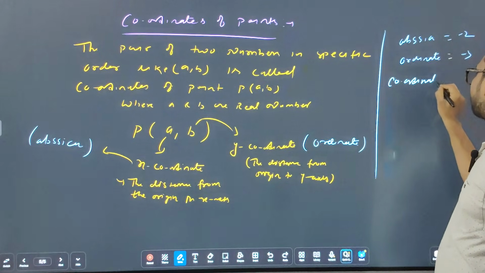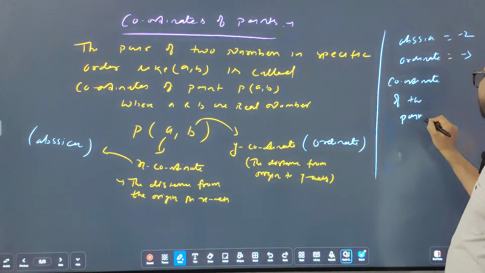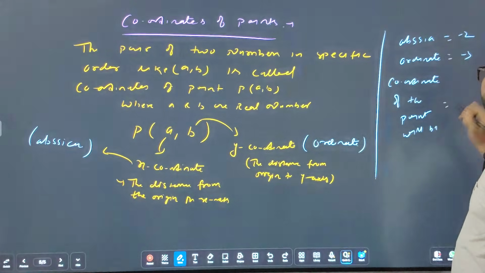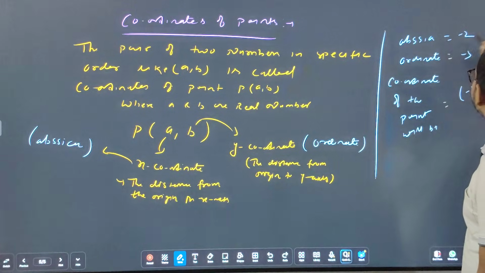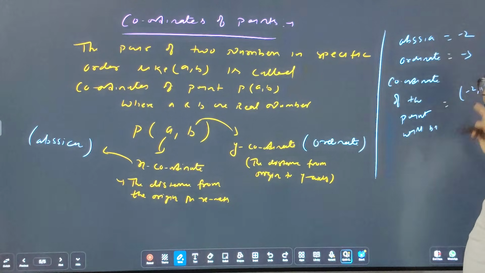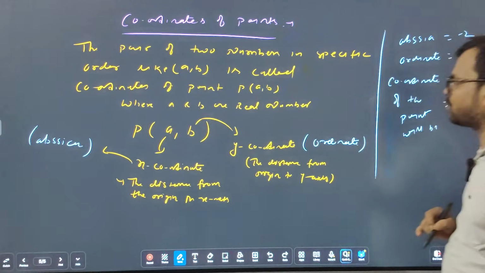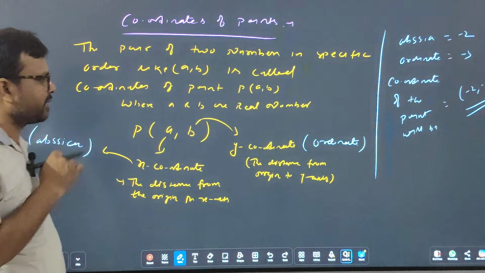The coordinate of the point will be -2, -3. We know that abscissa represents x coordinate and ordinate represents y coordinate. So the coordinate of the point will be -2, -3. I hope you are understanding better.